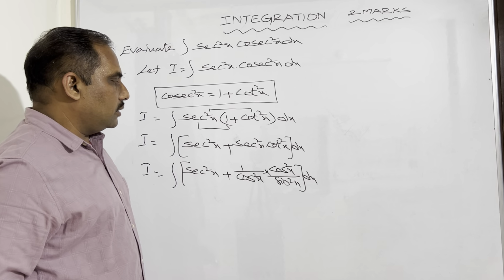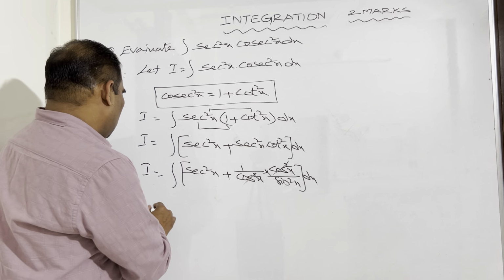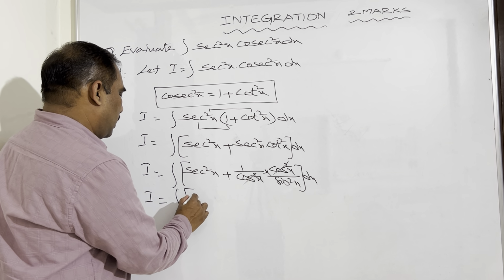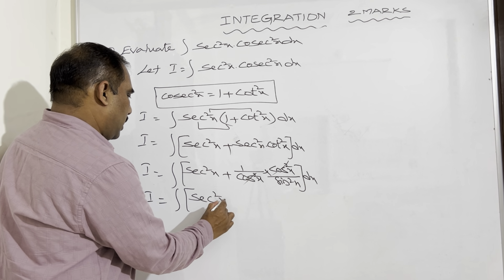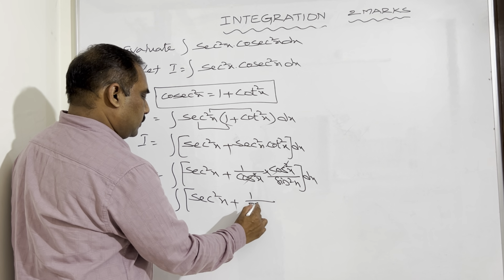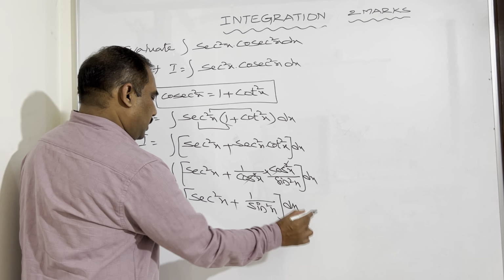Now if you write like this, observe that the numerator and denominator cos square x get cancelled. So now the function becomes I is equal to integral secant square x plus 1 by sine square x into dx.